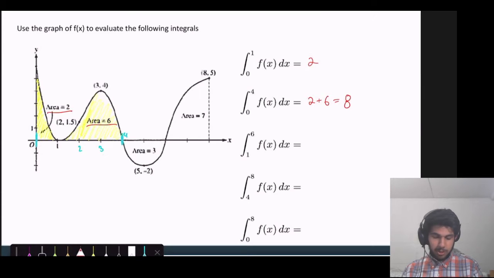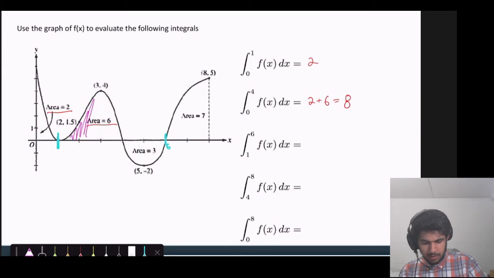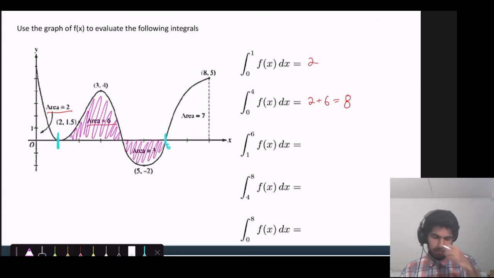Okay, next we want from 1 to 6. Let me just erase some of these. So we're starting here, and then 6 is over here, so we're ending here. So the area in question is this pink area. And remember, the area is bounded by the x-axis.